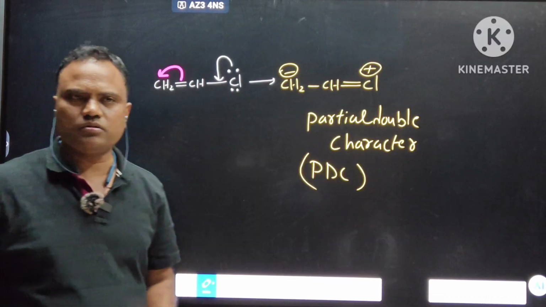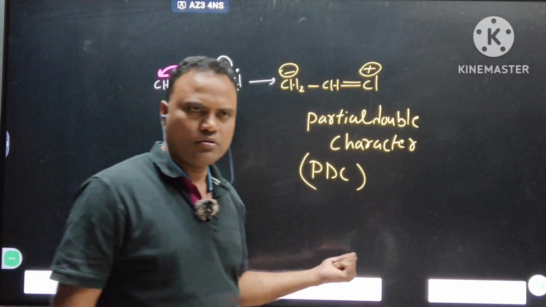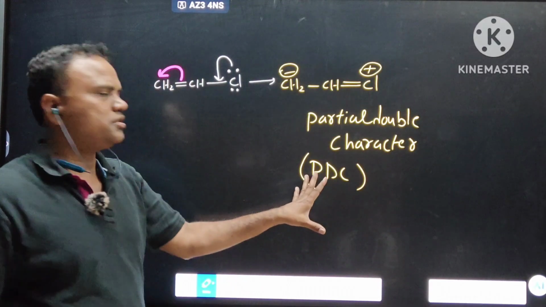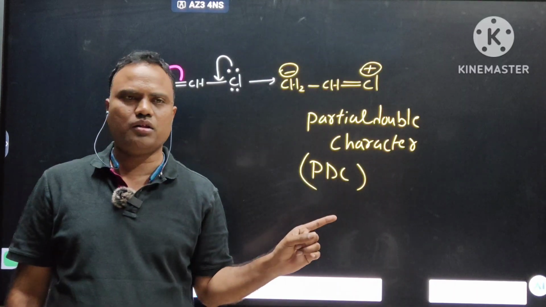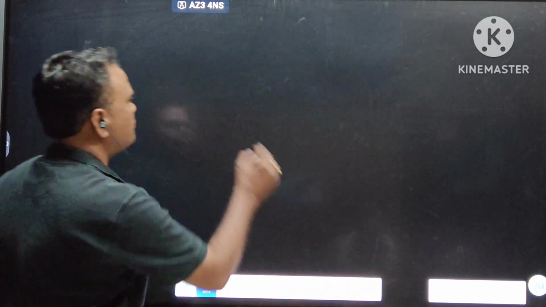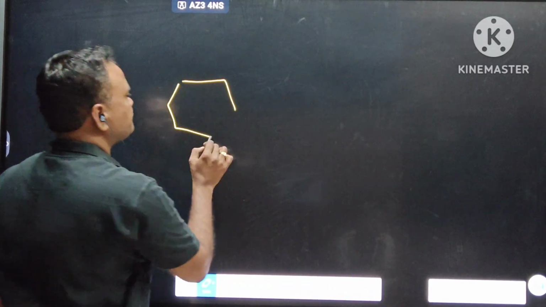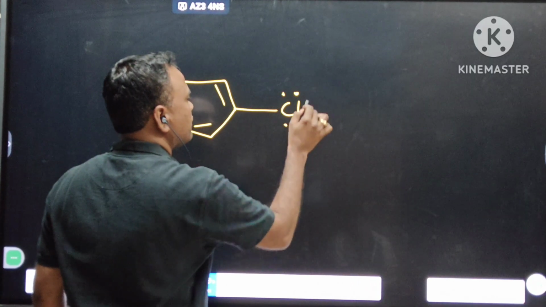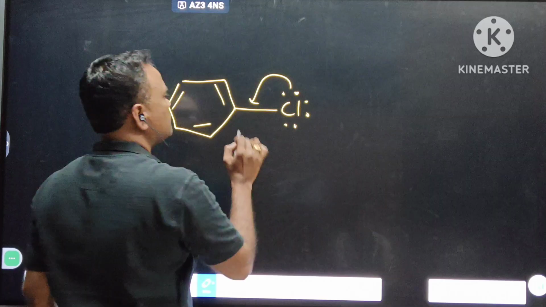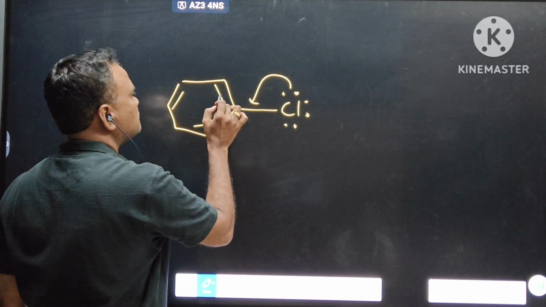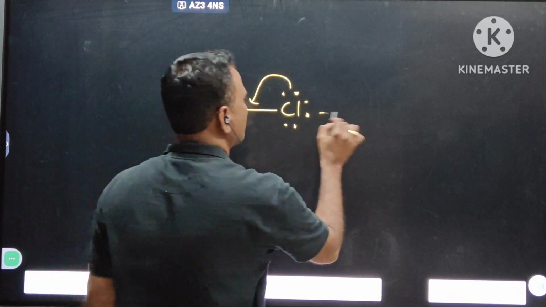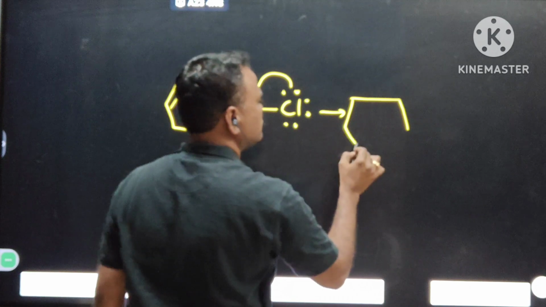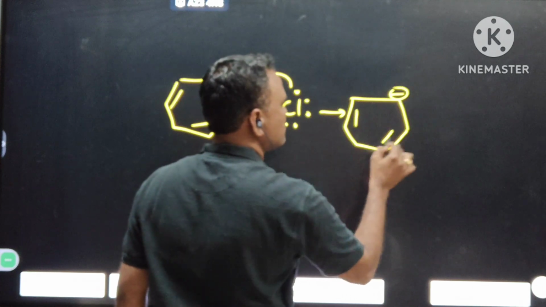Now, can you do one question on this? Any doubt? Similarly, the reason is the same for aryl halide also. In aryl halide also, it is due to PDC character only. Look at this. The chlorine lone pair of electrons enters into the resonance, giving negative charge.